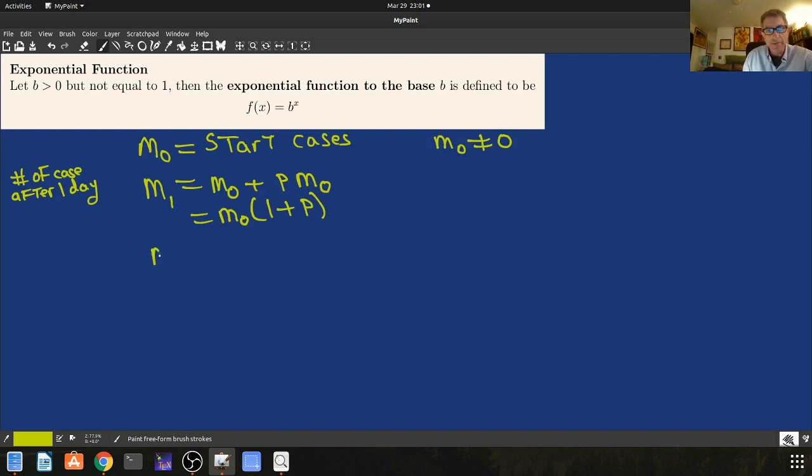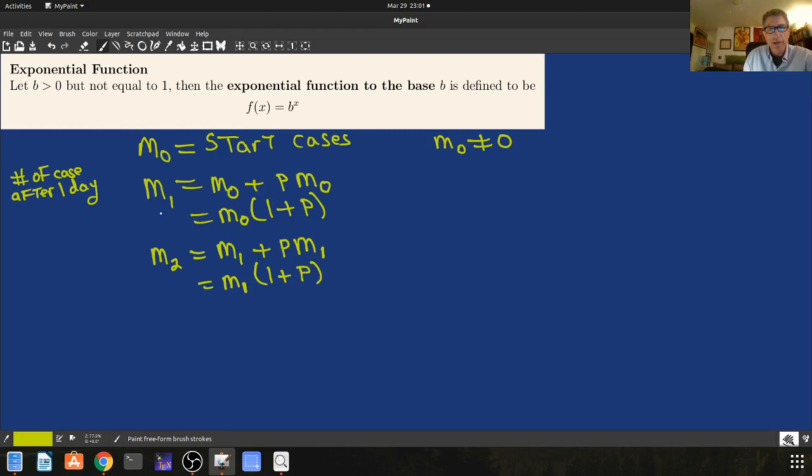So let's find out how many cases we have after 2 days. Well, that's going to be represented by m2, and m2 is equal to the number of cases we had at the end of day 1 plus some rate of increase p times that value m1. And again, we're going to simplify that by pulling out the greatest common factor, m1. So m2 is m1 times 1 plus p.